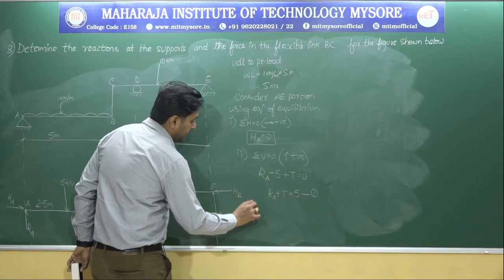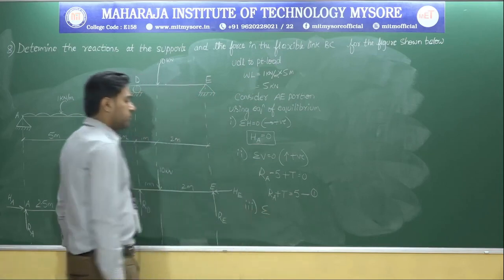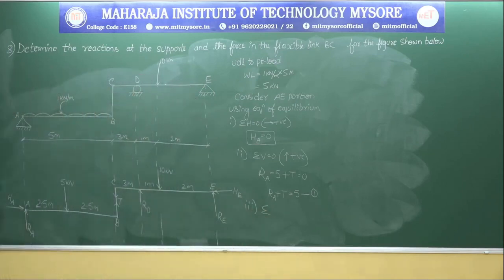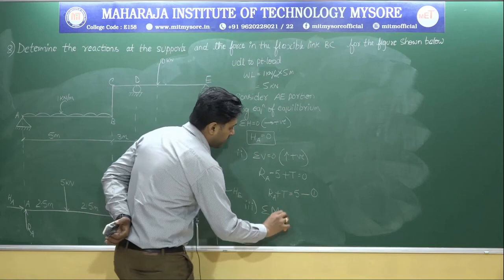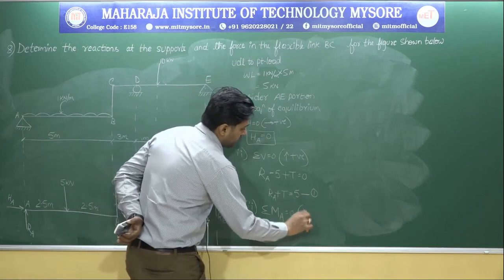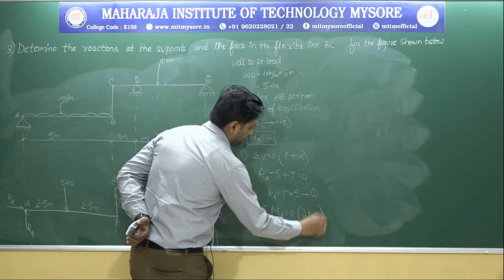Now, I need to take the moment about a certain point. So it is sigma M. Now what I will be doing here, observe. As at this particular support we are having two unknowns, let me take the moment about this point itself. Don't you think that this 5 kilonewton needs to go clockwise? So I will be taking moment about A point. Clockwise direction positive.